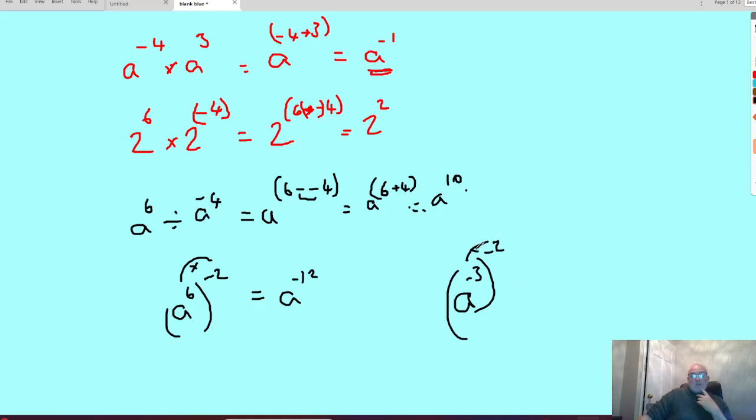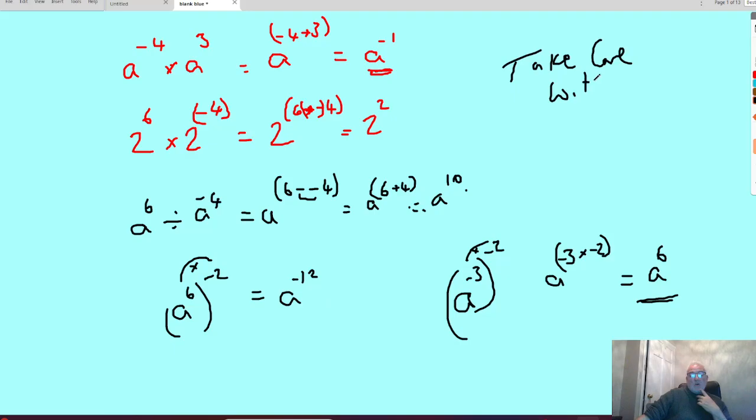We still do the same rule, we still multiply them, and we do minus 3 times minus 2, and the two negatives multiplying each other would give me a to the positive 6. So just take care with negative indices.